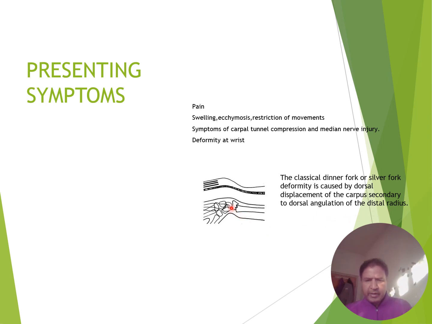So this is the distal fragment, and this is the distal radius. You can compare it with a dinner fork or a silver fork. Here you can see the distal fragment has displaced dorsally.